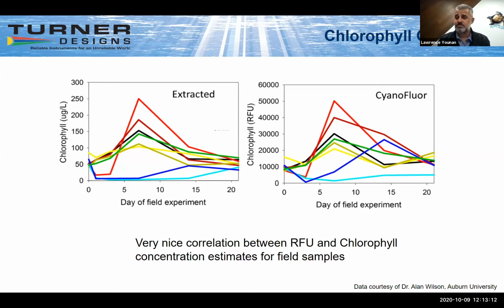On the left-hand side is in vitro. Now they compare pretty well, given that this is in vivo versus in vitro. So great correlation there, and it's quite simple: by taking 2 streams of data from the unit and putting them into a spreadsheet and getting a value in less than 30 seconds, whereas the extracted would take you 24 hours plus in most cases.